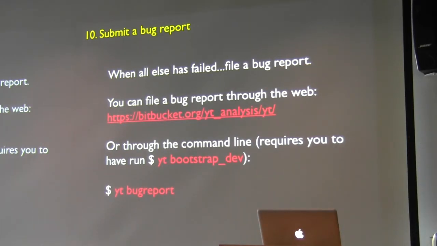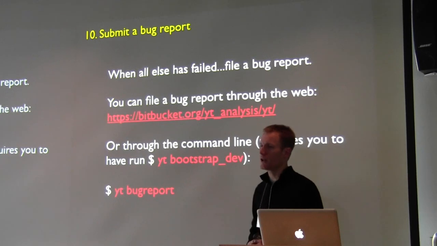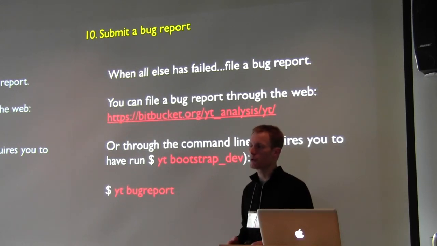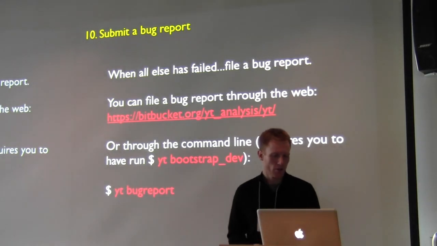In the upper right, I think there's an issues link, and you can look at open issues to see if somebody else has already identified the bug that you're trying to report. Or you can create a new issue. Alternatively, there's a really nice command line option. If you do yt bugreport, it will allow you to submit a bug report through the command line, which I actually did earlier today, and it's super snazzy.